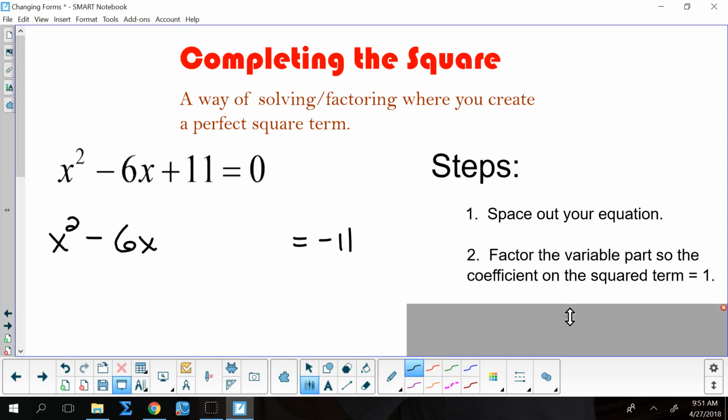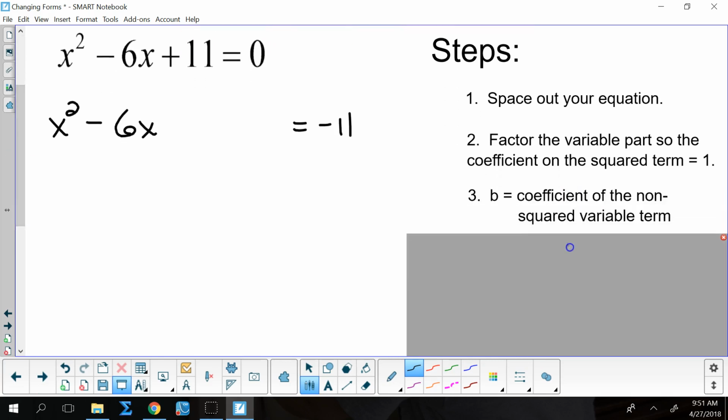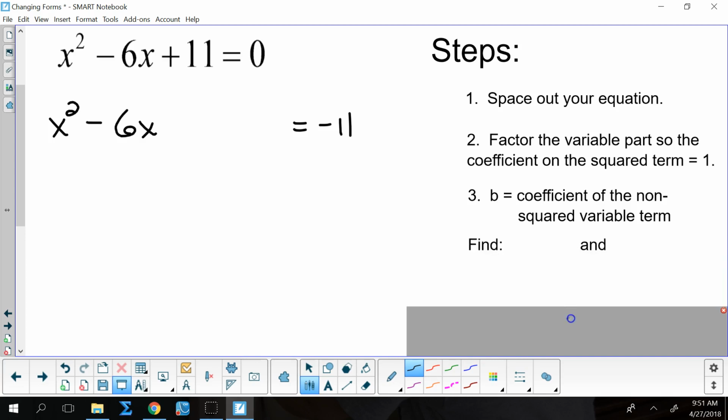And then we'd go from there. So b is going to be your non-squared coefficient. In this case, b is negative 6.